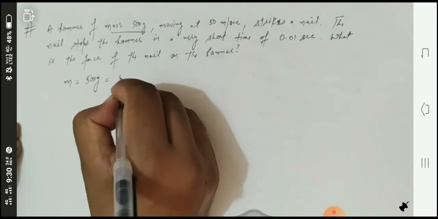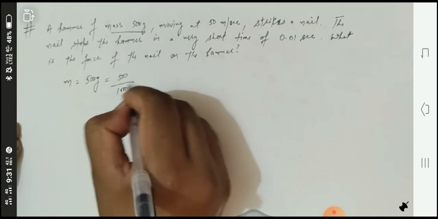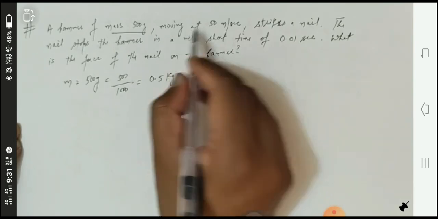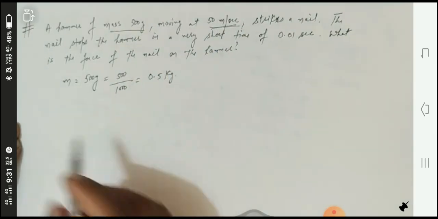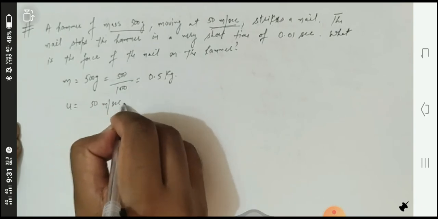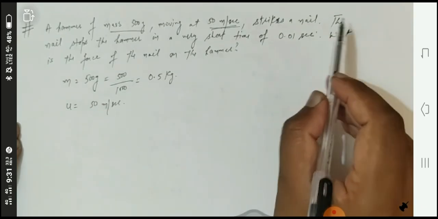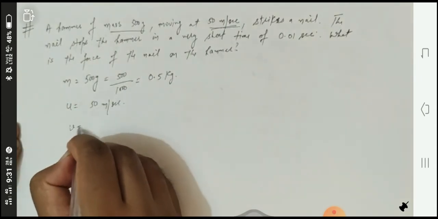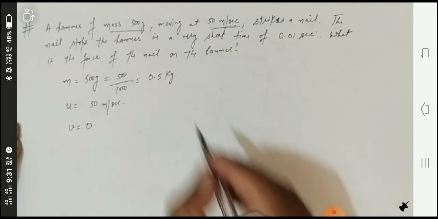According to the question, hammer of mass 500 gram, that is 500 upon 1000, which is equal to 0.5 kilogram, moving at 50 meter per second, means initial velocity is 50 meter per second. It strikes a nail, and the nail stops the hammer, means the final velocity of the hammer becomes 0.